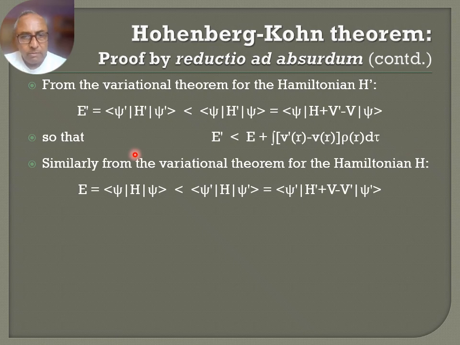Similarly, from the variational theorem for the Hamiltonian H, we know that E, which is the expectation value of the Hamiltonian H with the wave function ψ, has to be less than the expectation value of H with some other wave function ψ', and this right hand side can now be written as ⟨ψ'|H' + V − V'|ψ'⟩.